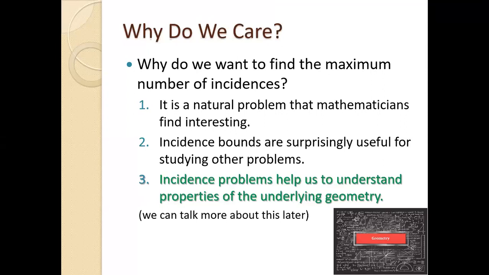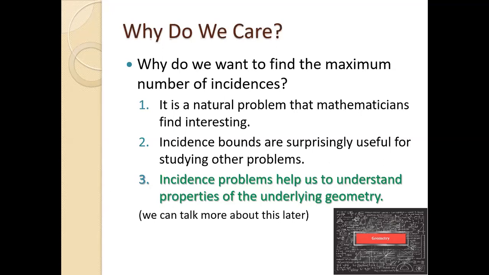But it turns out that a lot of times to understand incidence problems, you have to understand the properties of the underlying geometry. You still cannot understand what this means without an example. Originally, I put an example here, and then I figured there's really no way I'm going to manage to do everything. So unfortunately, no time for this example.